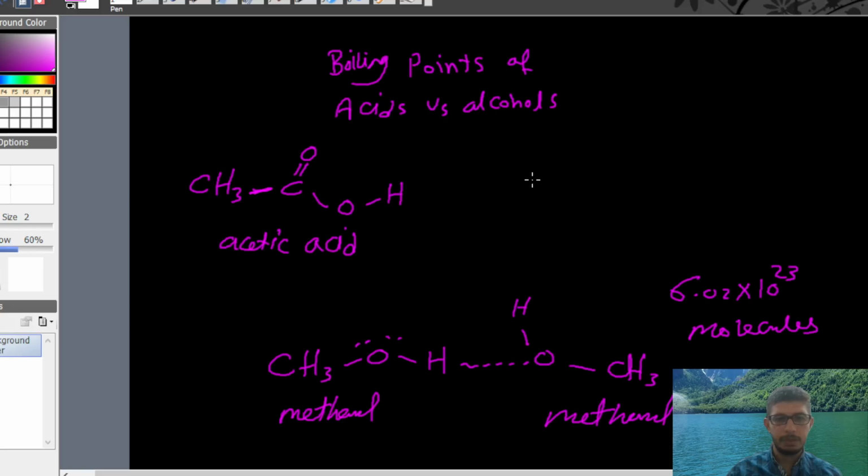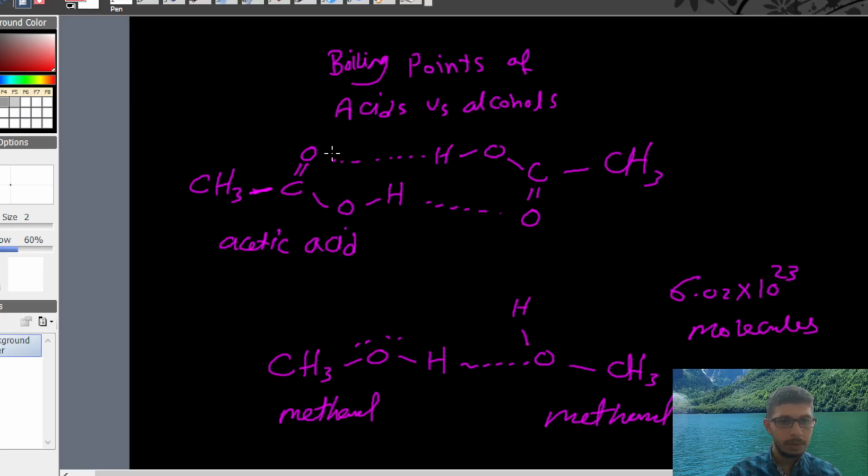Let's see here. So this is the hydrogen bonding. This is the oxygen here. This is the carbon atom. And this is the CH3 group. So, what you can see here, this oxygen, let me draw it with different colors.